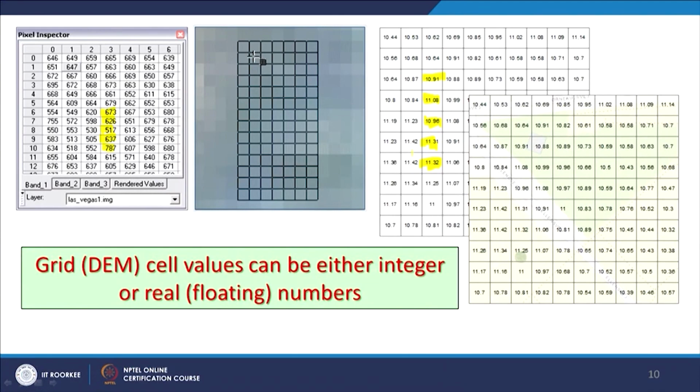Grid DEM values, or cell values, can be either integer or real floating numbers. Also, grid values can be negative, whereas in the case of an image, these have to be only positive integer values. So, in the case of a grid, we can have negative values, positive values, integer values, and real numbers.